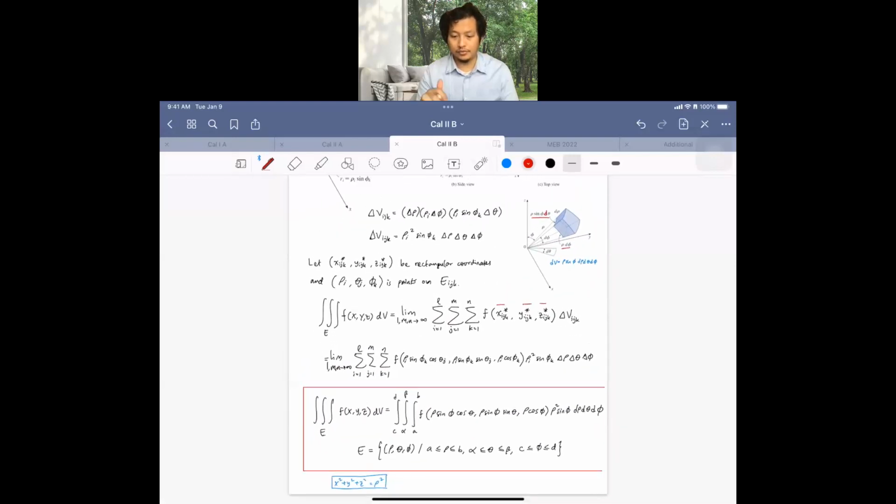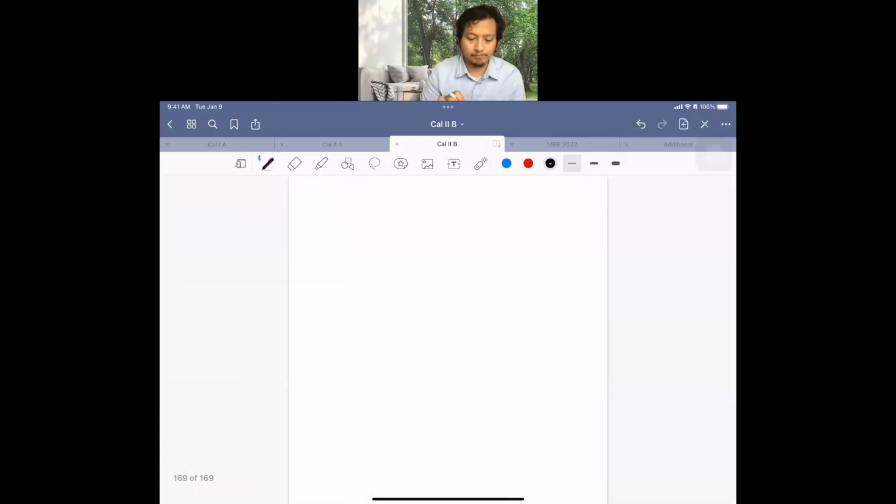Okay, I think we can move to the next page. I would like to add some notes. The formula can be extended, and we can write E again.